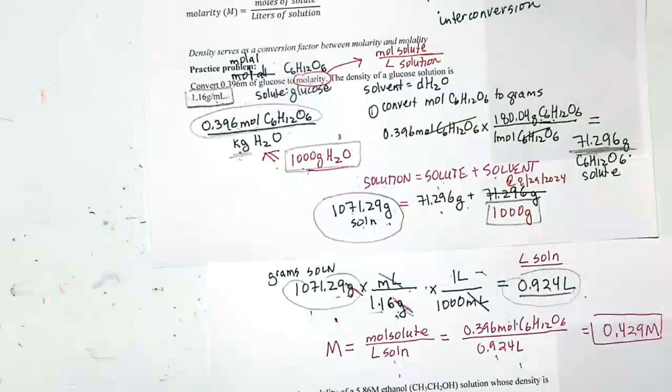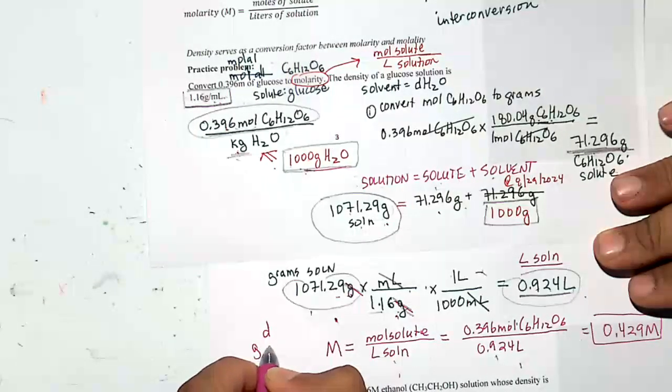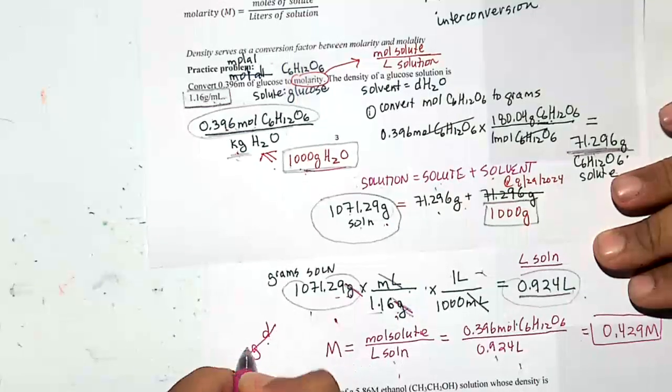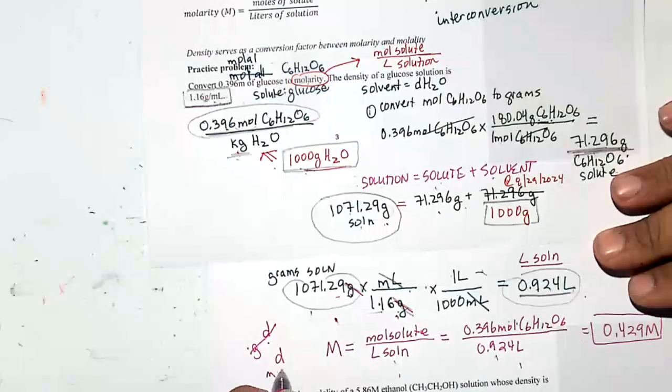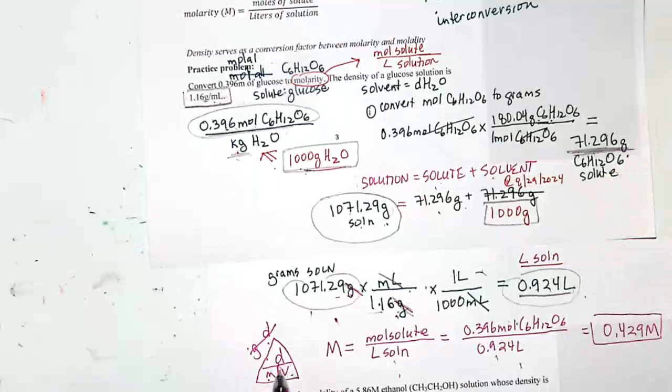Yes. Do you know this triangle? Density, mass over volume. You can get the volume, you can get the mass, or you can get the density. So here we're getting the volume.